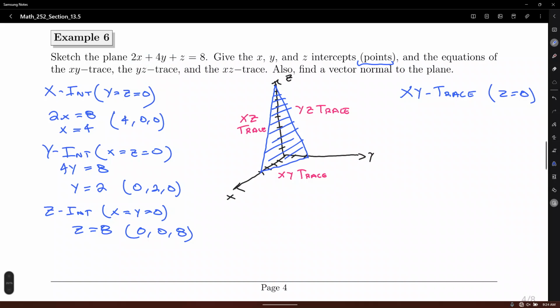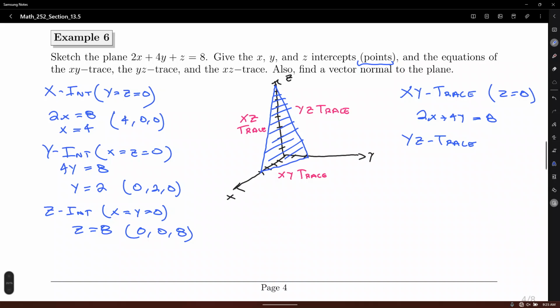So for traces, we peekaboo one variable. For intercepts, we peekaboo two variables. So z equals 0. That leaves us with 2x plus 4y equals 8. I know they're all multiples of 2, but for now, leave them like this. That's fine.